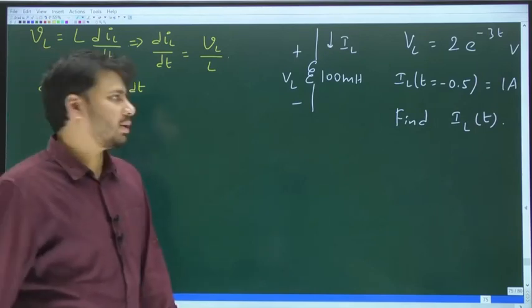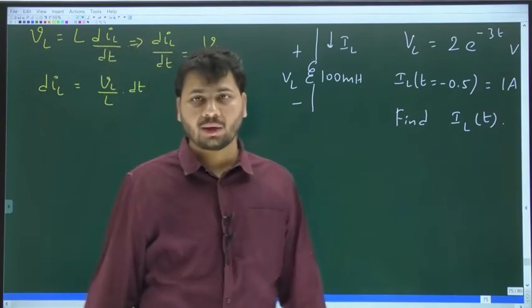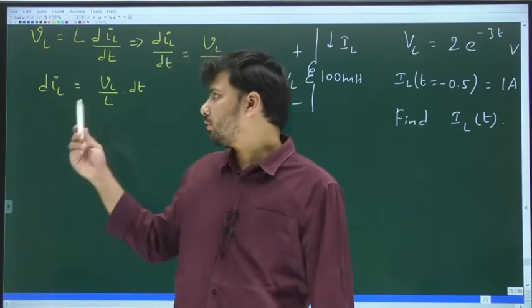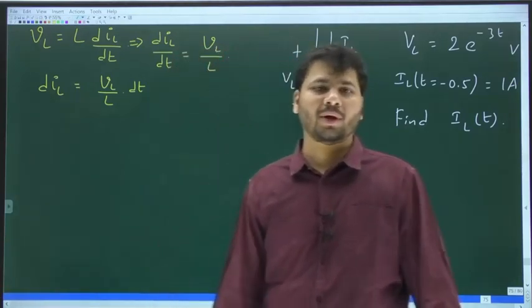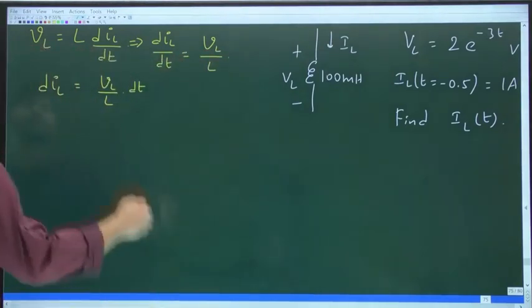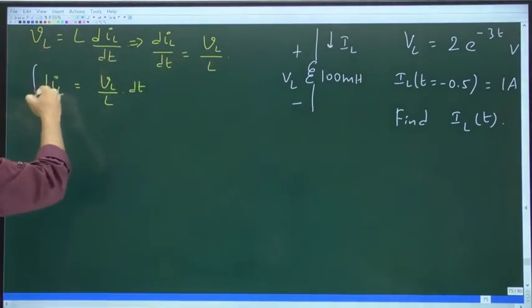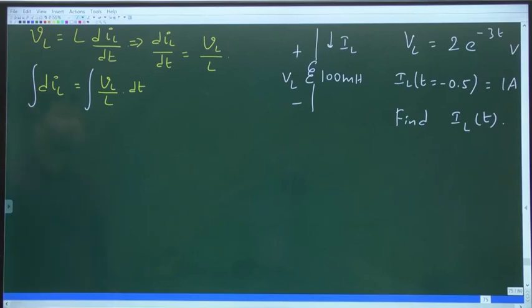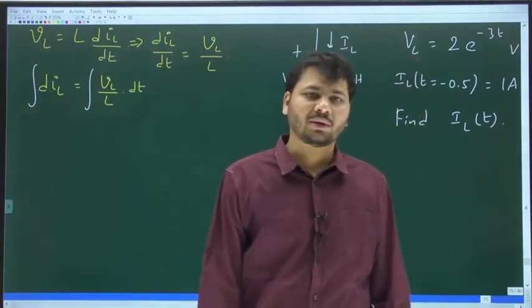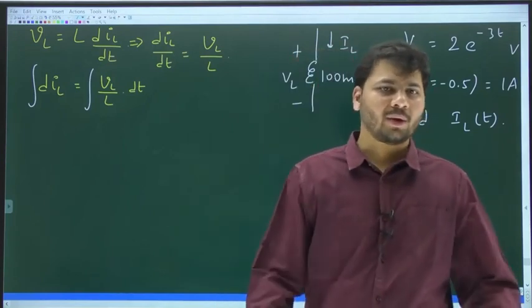Now, since the value of the inductor current at a particular point in time is given, for this equation we should perform indefinite integration. You know the meaning of indefinite integration. We just integrate on both sides without substituting any lower limit and upper limit.